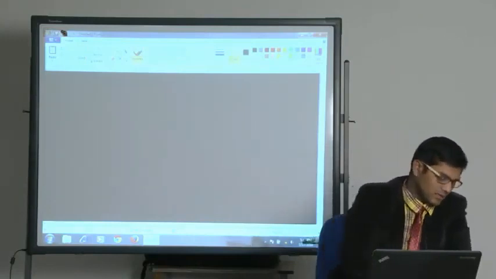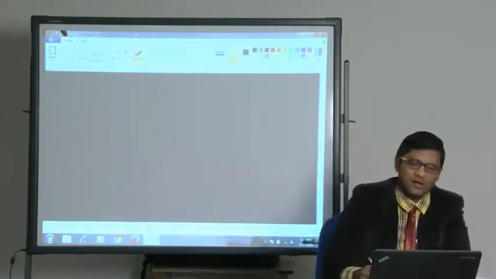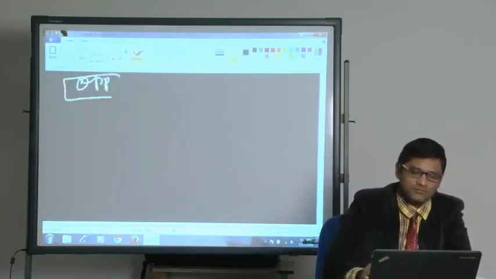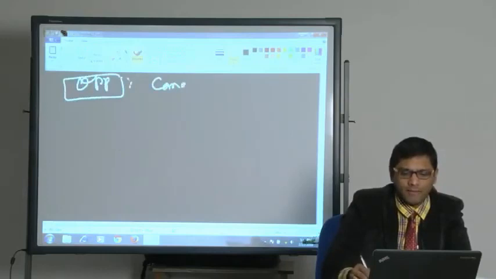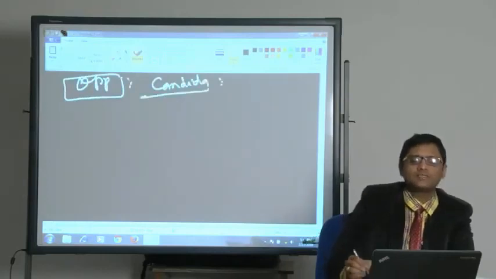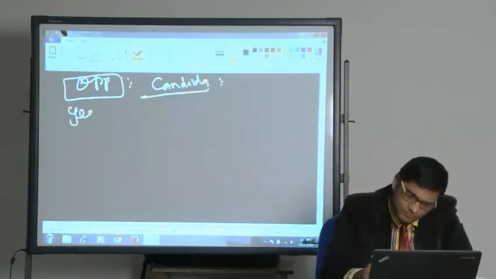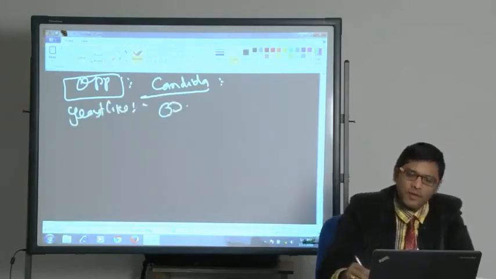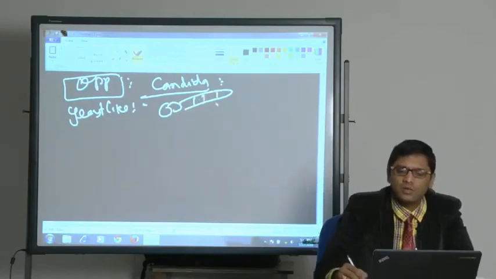Okay, so this is all about the systemic mycosis. Then opportunistic mycosis, to start with Candida. Candida is yeast or yeast-like? Yeast-like means what? It has a yeast form with pseudohypha.